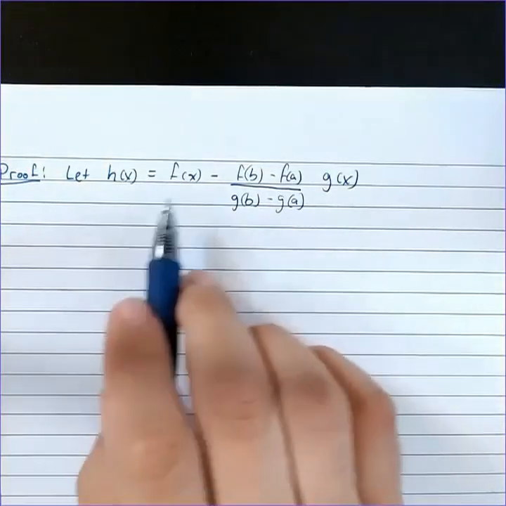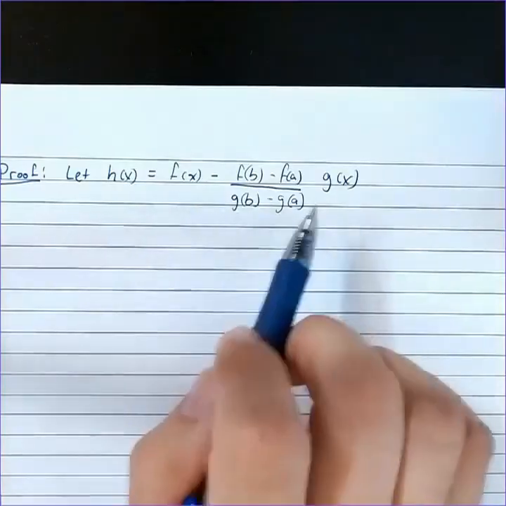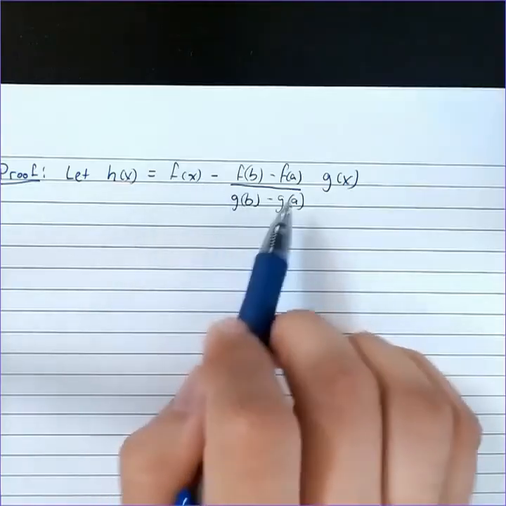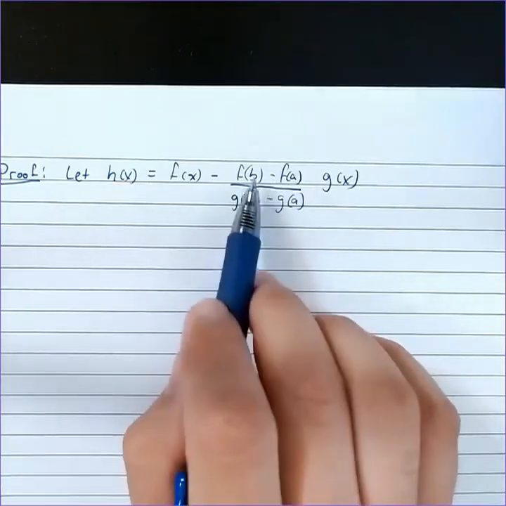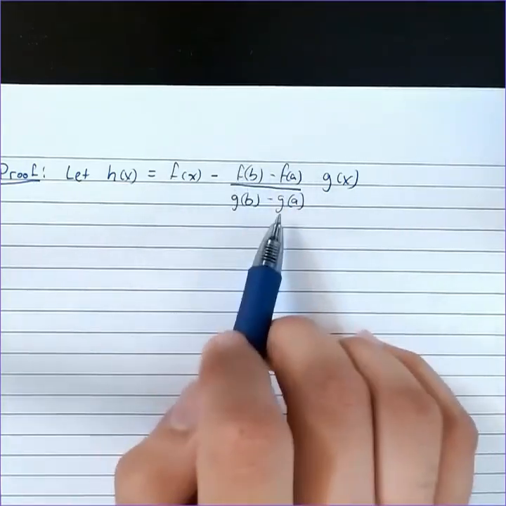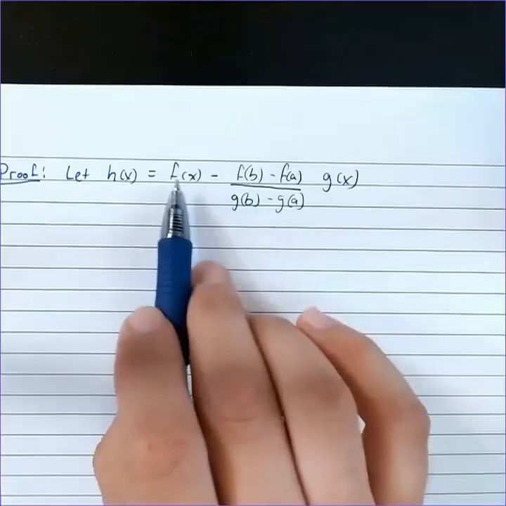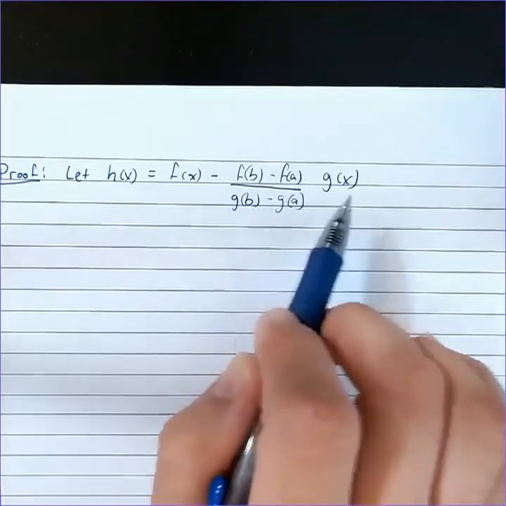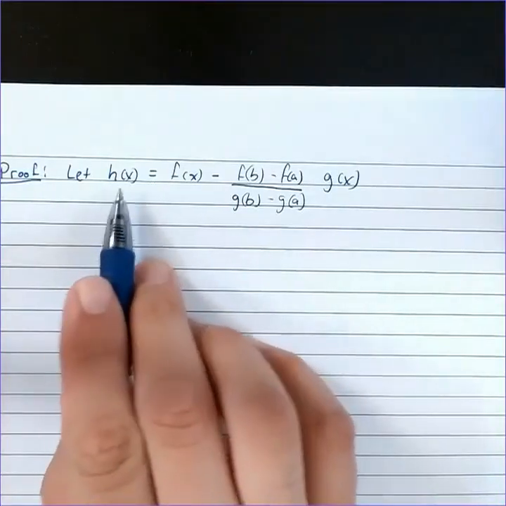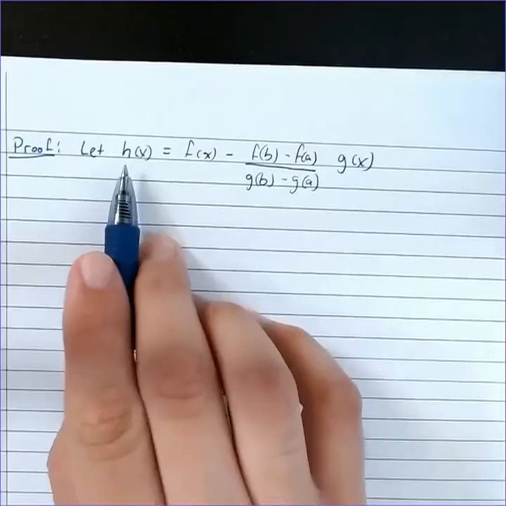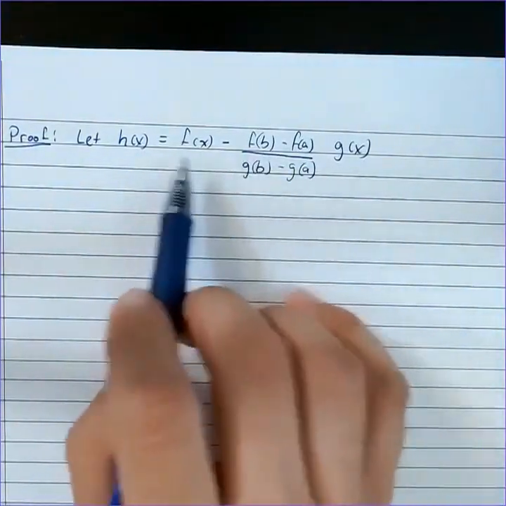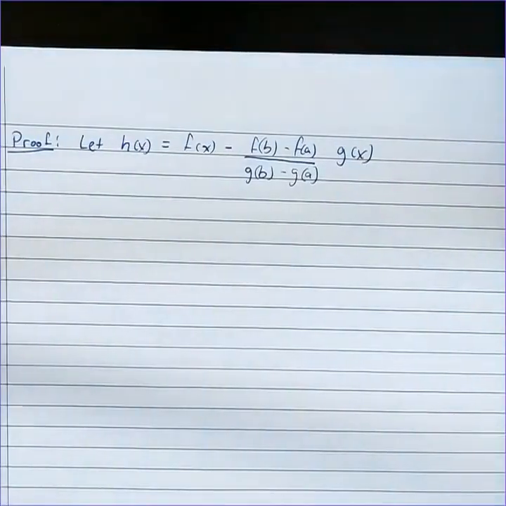So here we're taking the two functions, f and g, and saying take f of x, subtract away this number, and note these a's and b's are constants, so this whole thing is a constant, even though it's a big, funny-looking constant. f at x minus a constant times g of x, and that's going to equal h of x. h of x isn't something that we've computed, it's just how we're defining it. If you put f and g together this way, we're going to call it h of x.